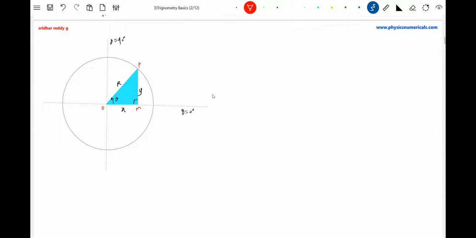We are not bothered about the definitions and formulas, but about how to use them. I want to find out the height of the triangle. For that, I know the hypotenuse, I know theta. Very simple. So what should I call Y here? If you want to call it the opposite side, I'll call it the height of the triangle.